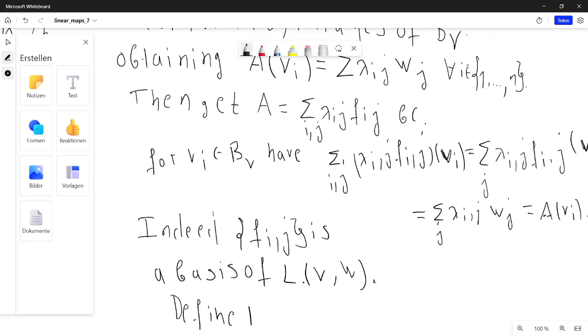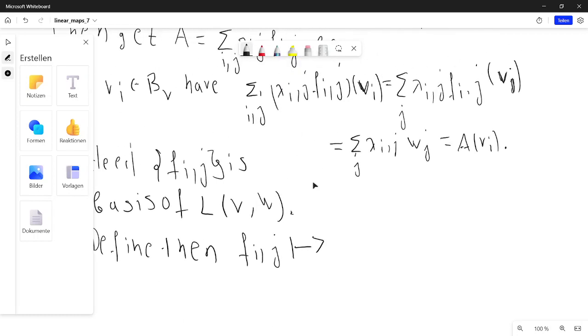And we know that this defines a linear map, right? Because it suffices to specify the images. We actually don't even need to make the linear extension specific because we know it suffices to specify the images.